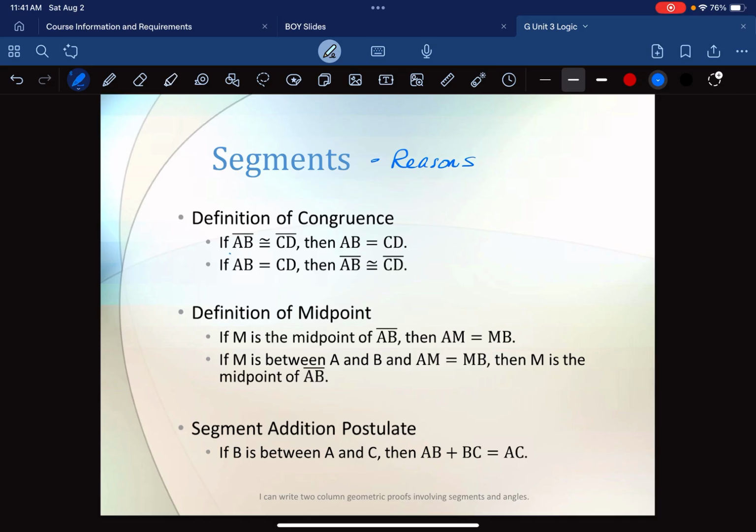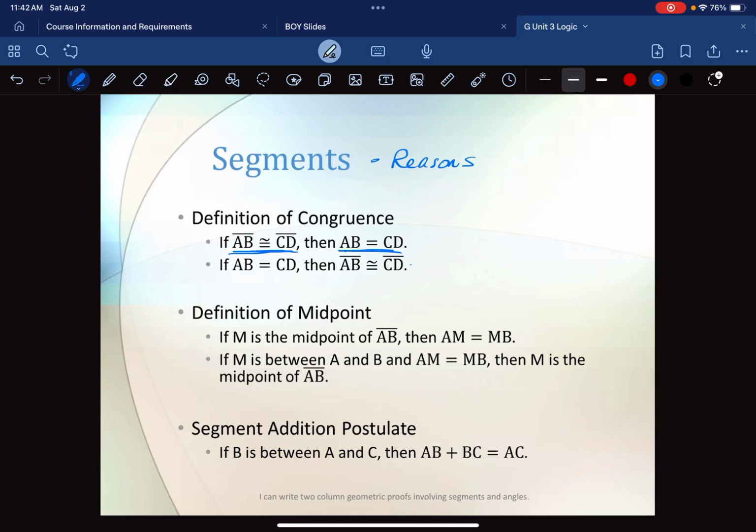So here it says congruent segments have equal measures. Remember, without the bar on top, these mean the measure of segment AB and the measure of segment CD. And you can use that either way. You can switch the statement to its converse, switching the order, and it's still true and it's still for the same reason. So the definition of congruence allows me to say if two segments are congruent, then they are equal.